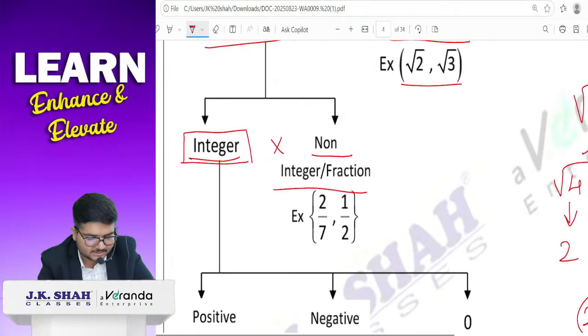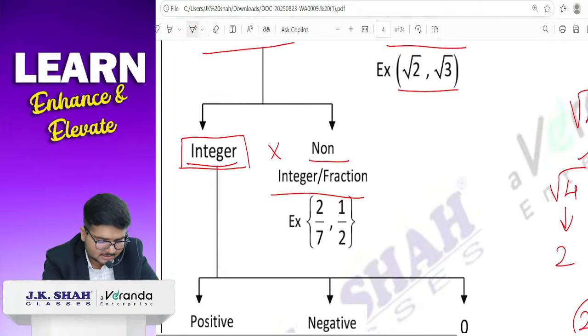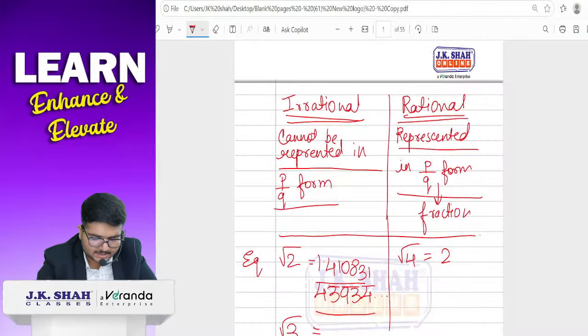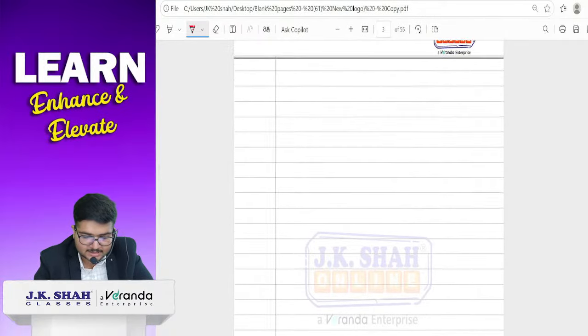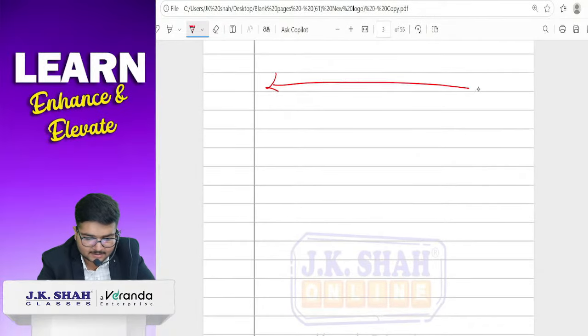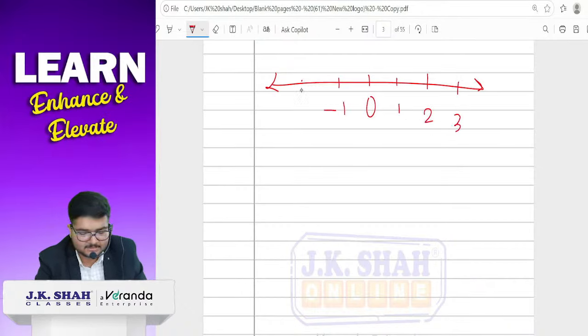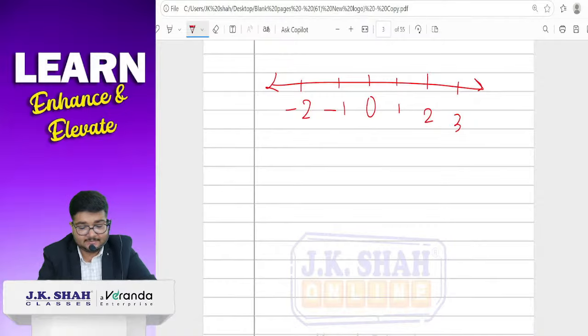When I talk about integer, in your imagination you just have to draw a number line. When you hear the word integer, immediately you have to imagine a number line which you were doing in your previous standards. These are all integers, right? Positive numbers till infinite, negative numbers till infinite.